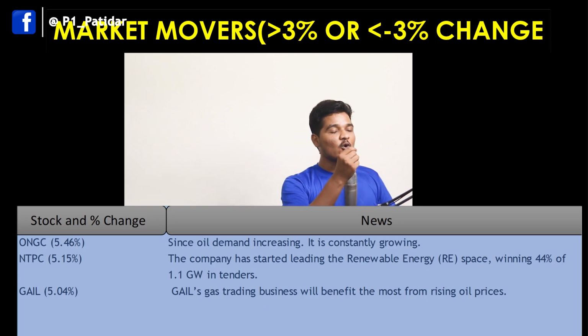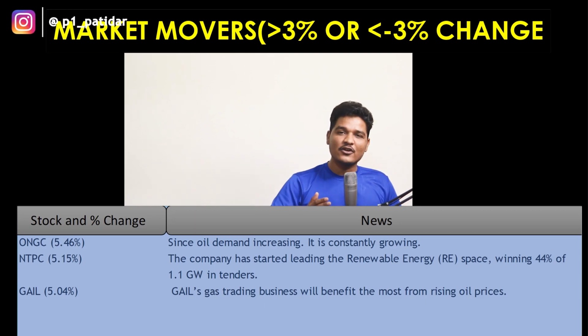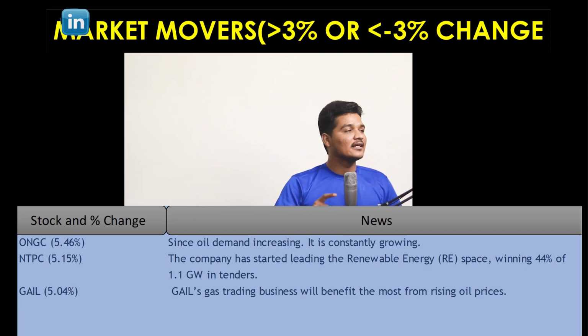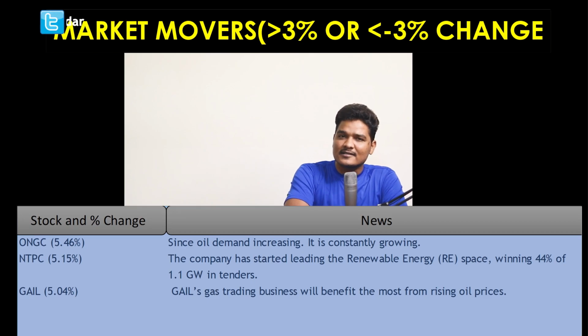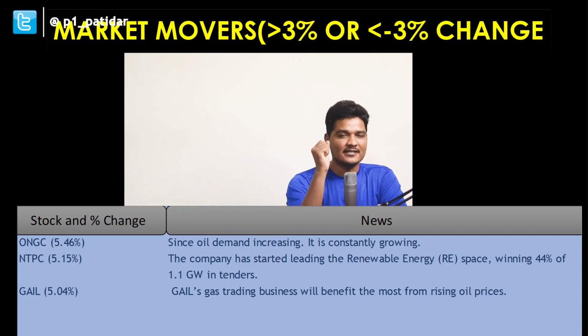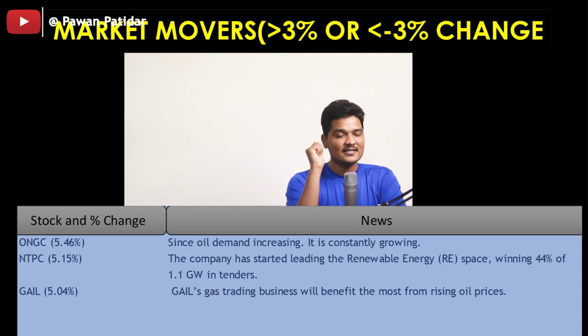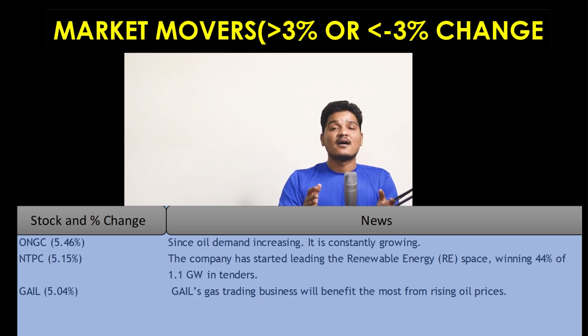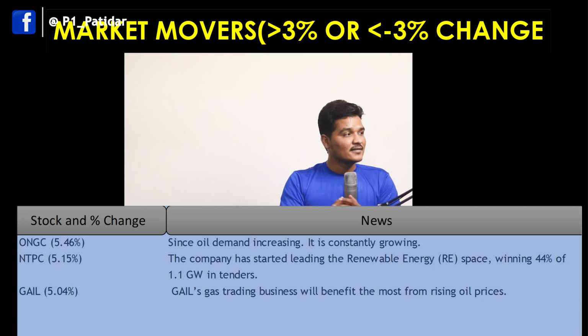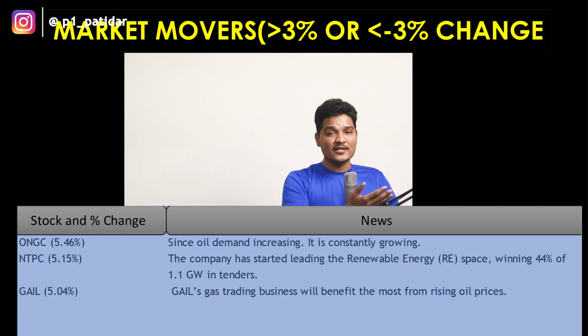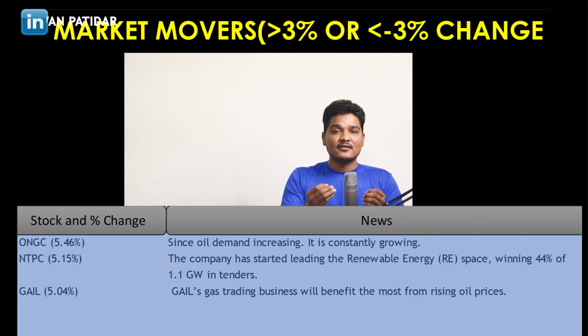And if you see here ONGC, well, from my first video onwards, I'm continuously telling that it is increasing because oil prices are increasing. Well, oil prices are increasing, it means demand is increasing. And if demand increases, then whichever companies are in the exploration line are going to gain some profit. That's why ONGC is gaining.